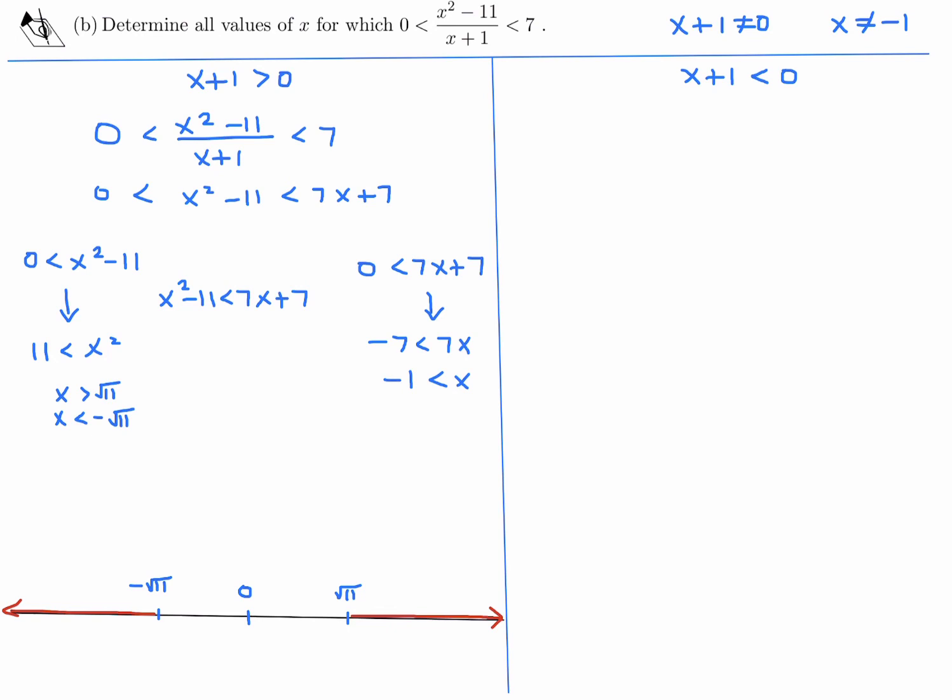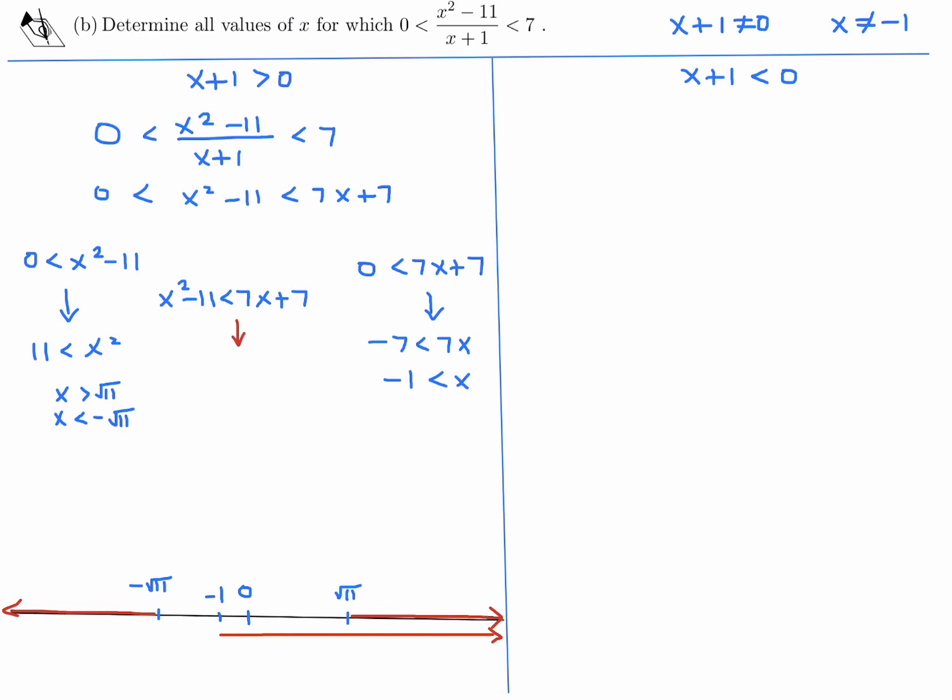Negative 1 is approximately here. So x has to be greater than negative 1, so it's got to be in this range. And in the end, what we have to do is see what is common to all three ranges.